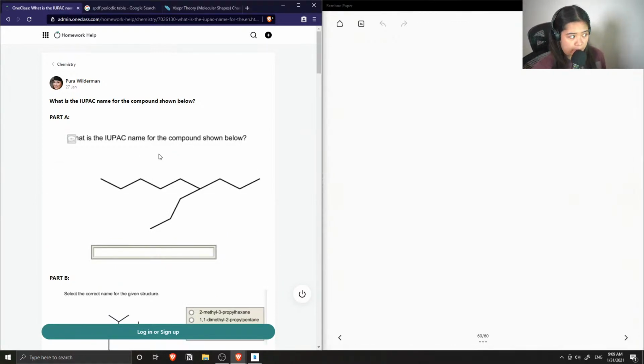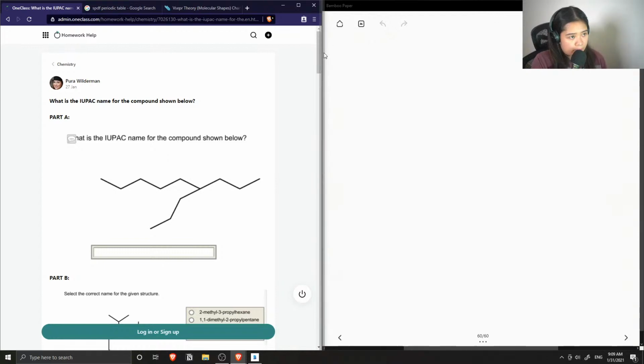Okay, so question number 5 asks, what is the IUPAC name for the compound shown below? Okay, so let's draw out these compounds.